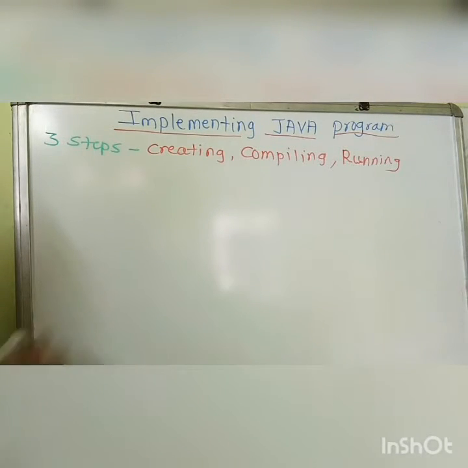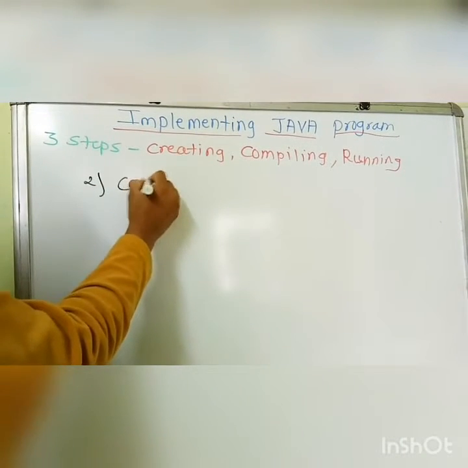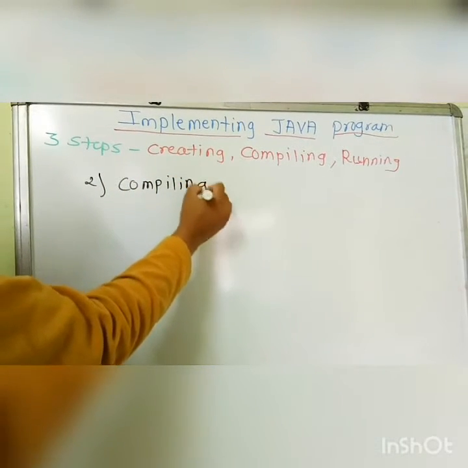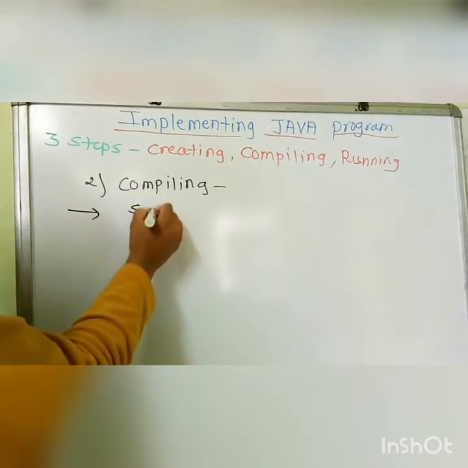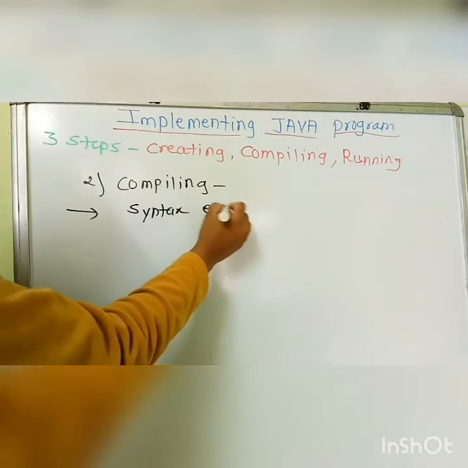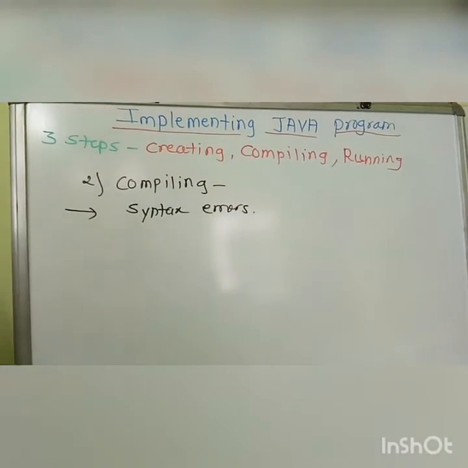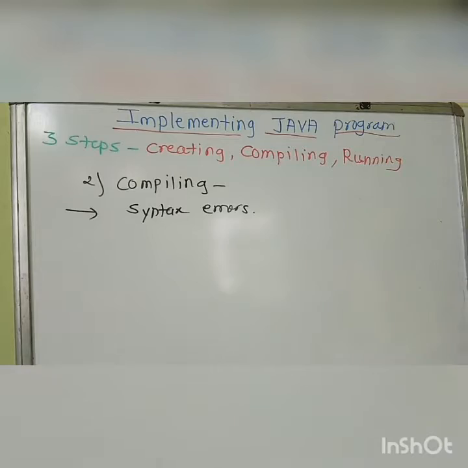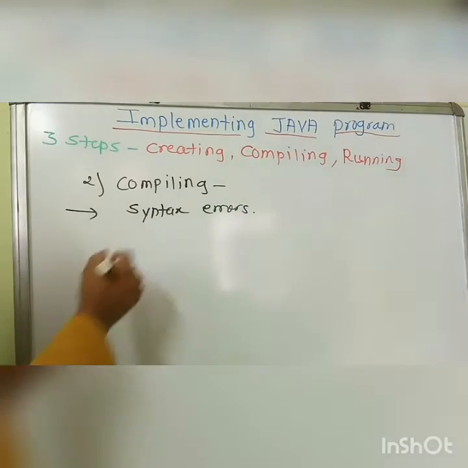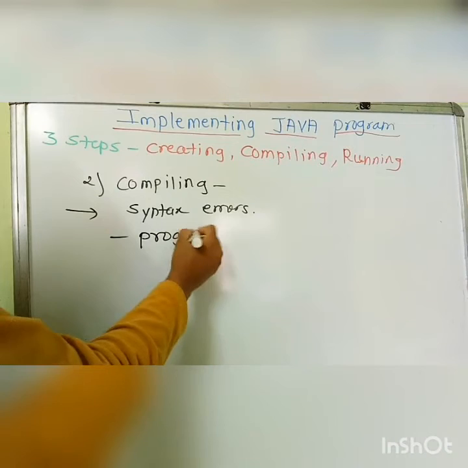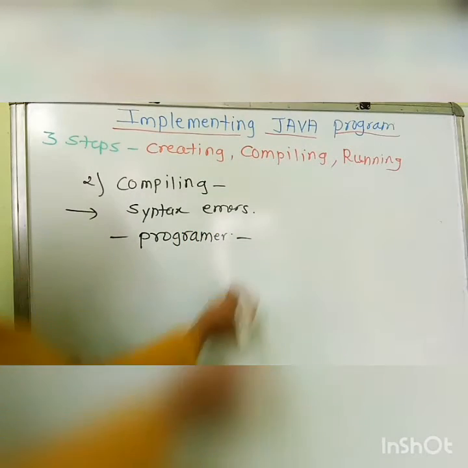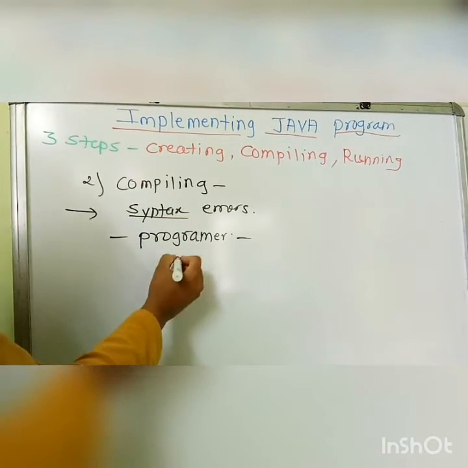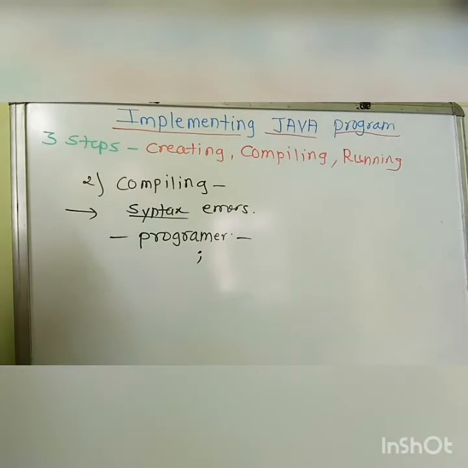The next step is compiling the Java program. What is compilation? Compilation is nothing but finding the syntax errors. What are syntax errors? These are nothing but the silly mistakes made by the programmer. For example, the end of a statement should have a semicolon; if it is missing, then it would be an error.